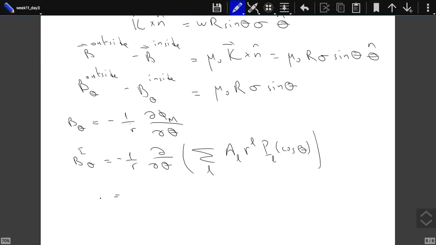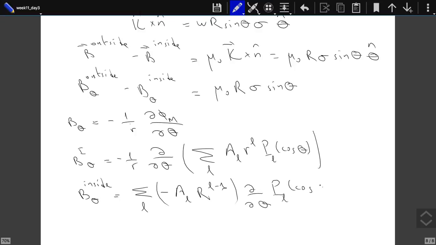So B theta inside, you see inside is inside face of our surface. So it is when small r is equal to the radius r. This is equal to sum over L of minus A_L r to the power L minus 1 times d by d theta P_L of cosine theta.